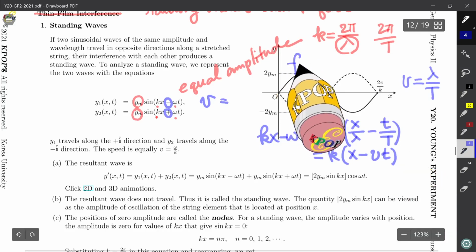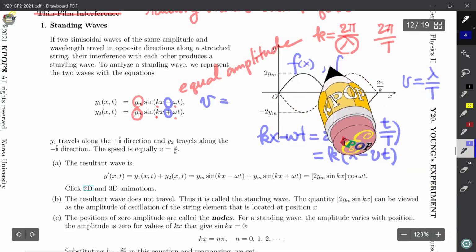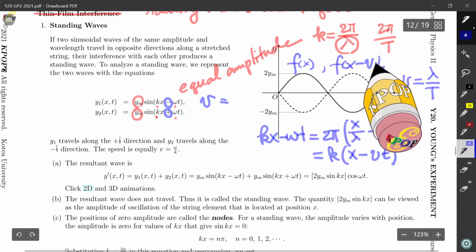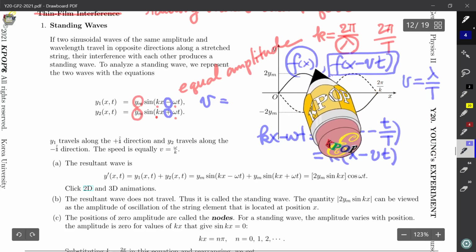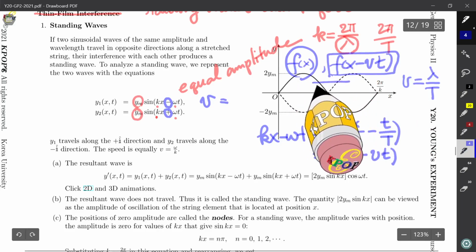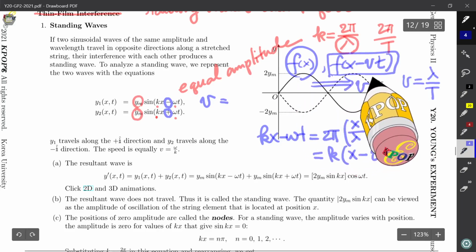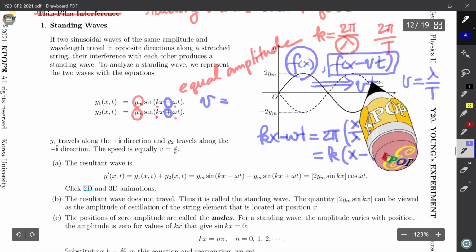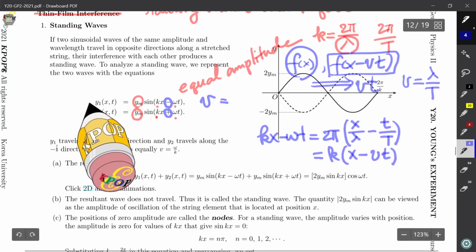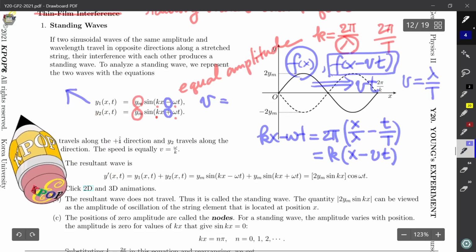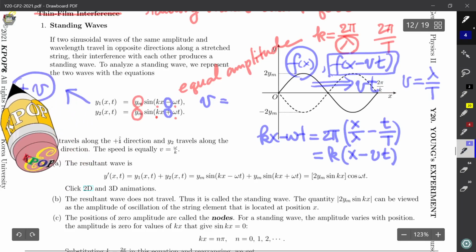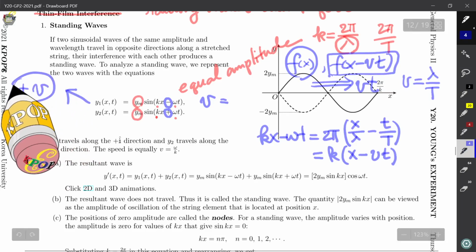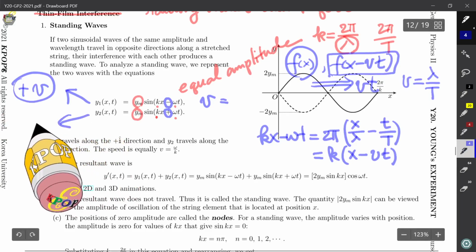F of x and f of x minus vt. This function can be obtained from this function by translating to the right by an amount vt. That's the reason why we say the first wave propagates with velocity plus v. Everything is the same for the second.